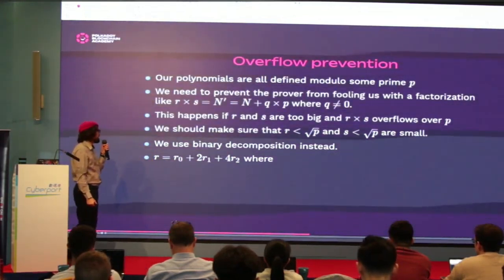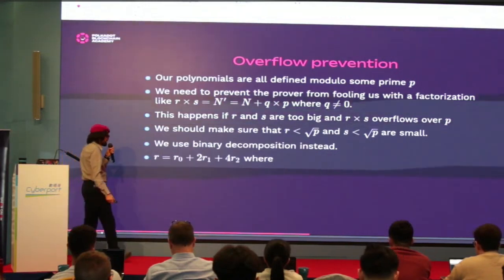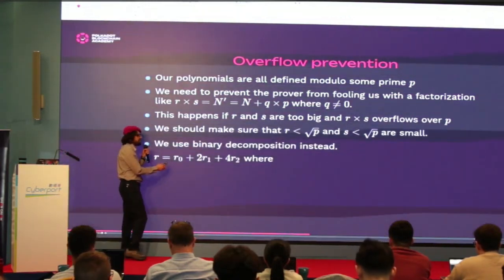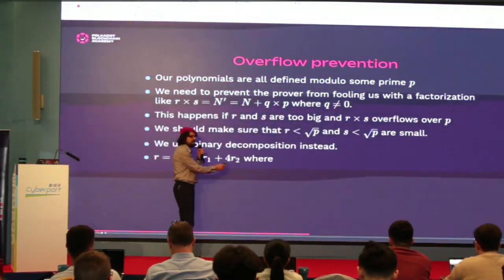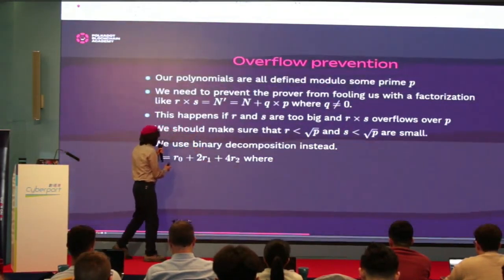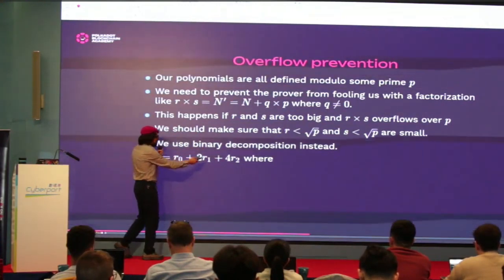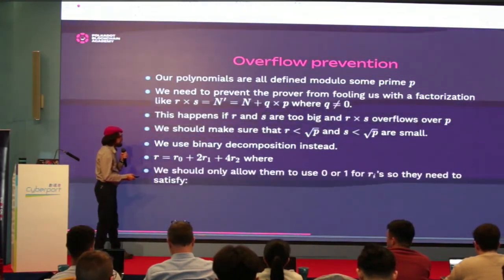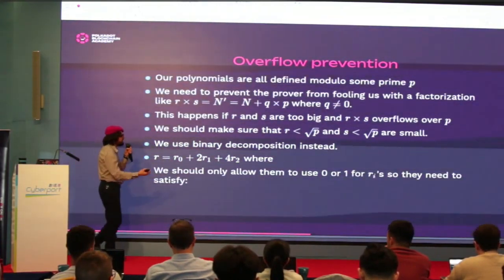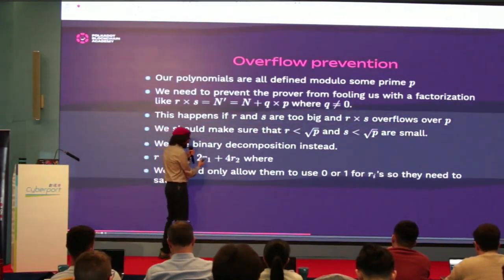So 8 is not accepted. To force that, I say your number can only be 3 bits. And to force that, I say, decompose your number into this, and give me 3 values that I can multiply.